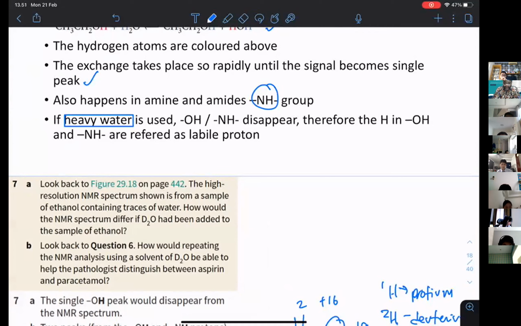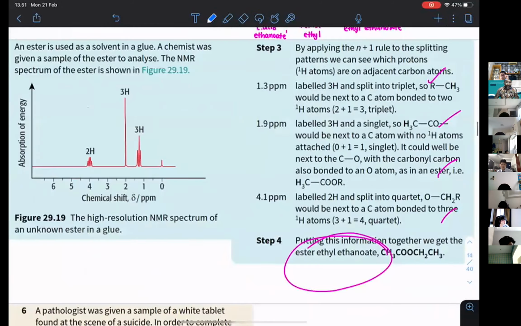Not sure, sir. In the beginning, I told you, in order to use NMR, we use hydrogen 1. We use carbon 12 or carbon 13, Audrey? 13. You see again. Let's go back.